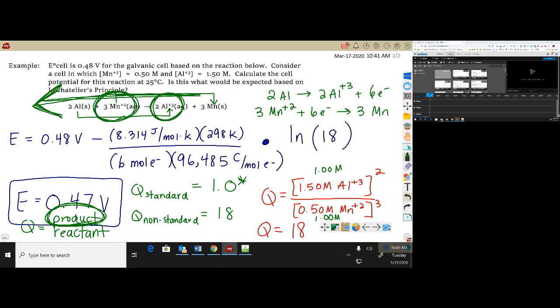So if my non-standard is greater than 1, then I either have too much product or not enough reactant, and it's going in reverse. If my non-standard Q is less than 1, then I want more product or less reactant. And if we do something that shifts this forward, then the new cell potential will increase. Then there's more force pushing the electrons through the system.